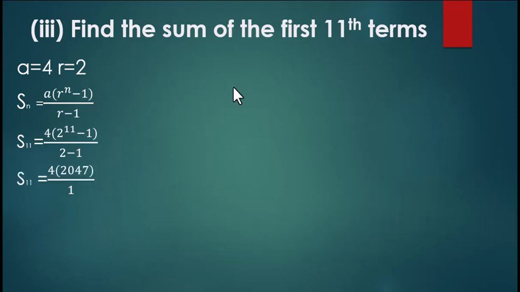When we work out 2 to the power 11 minus 1, we get 2047. Over 2 minus 1, which is just 1, so we multiply 4 by 2047 and get 8188 as our answer for the sum of the first 11 terms.